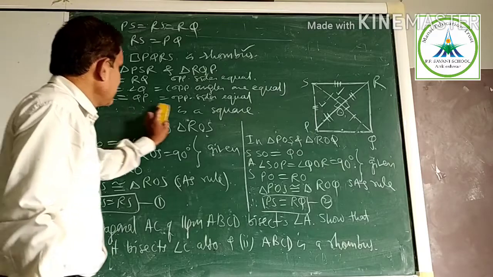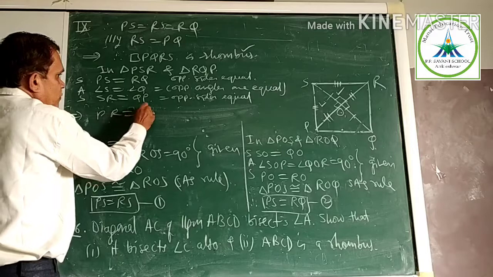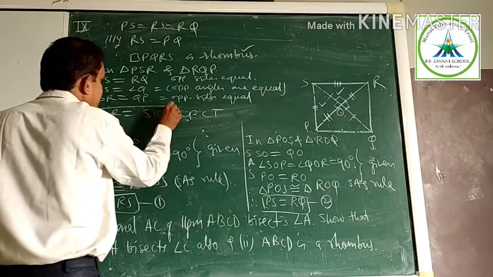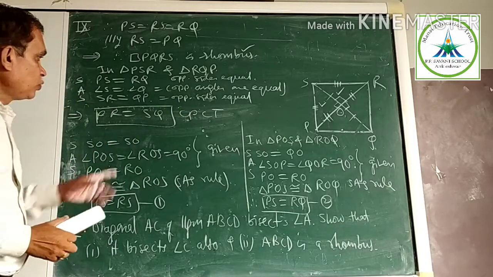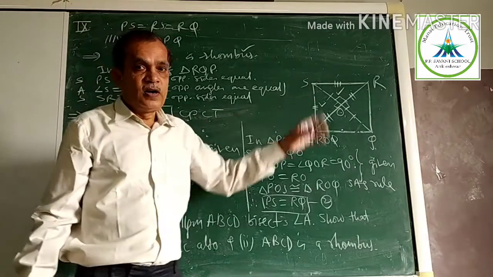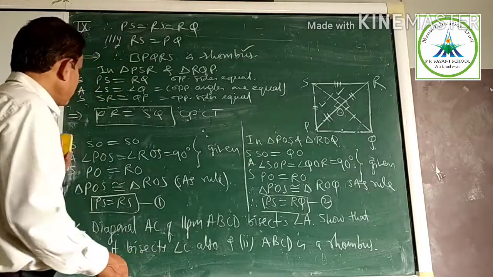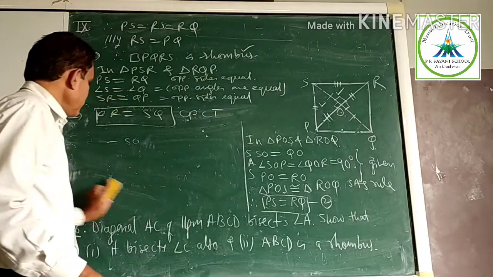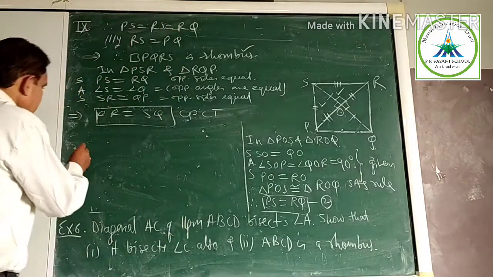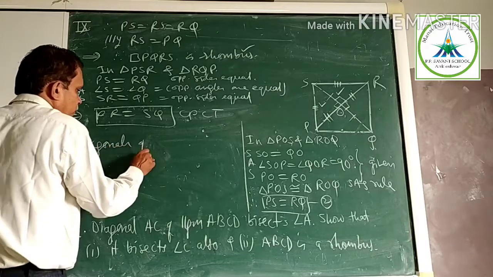And therefore, now we can show that PR equal to SQ. Very important. If diagonals are equal in a rhombus, then that is a square. Remember it. So from this property of rhombus, we have proved that the given quadrilateral is a rhombus and its diagonals are equal. Now see, diagonals of the rhombus are equal.